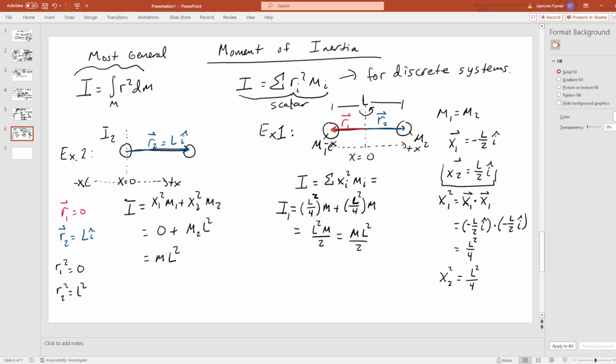Okay, so the moment of inertia for this system, when I try to rotate it about one end, it's just equal to my mass times my length of my rod squared. Okay, so I2 is indeed bigger than I1. So that means I1 is easier to spin. Okay. So that's a discrete example, well, two discrete examples.